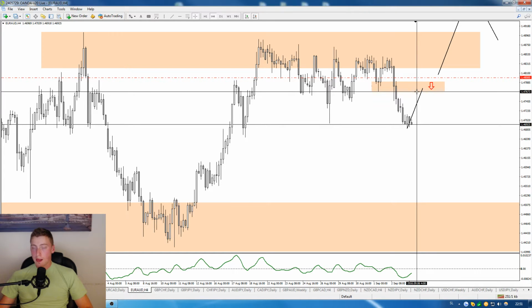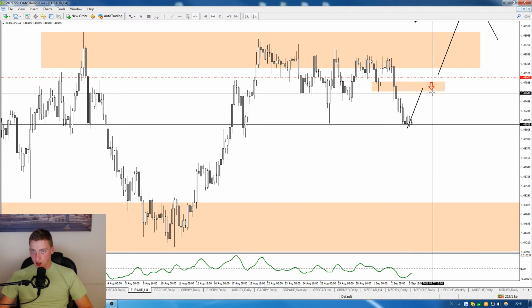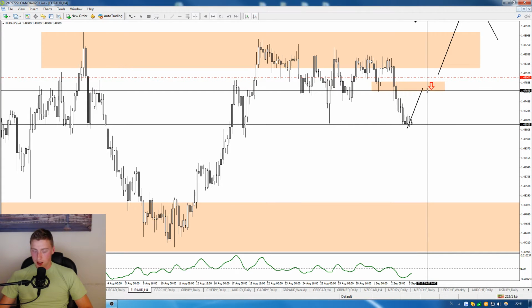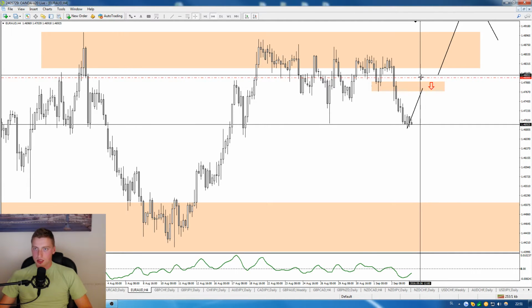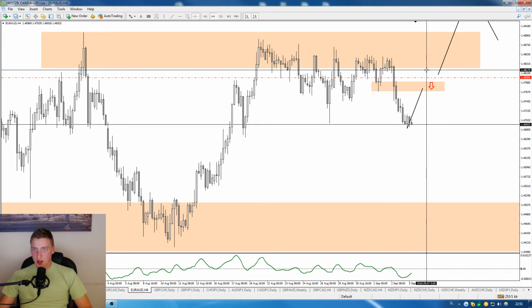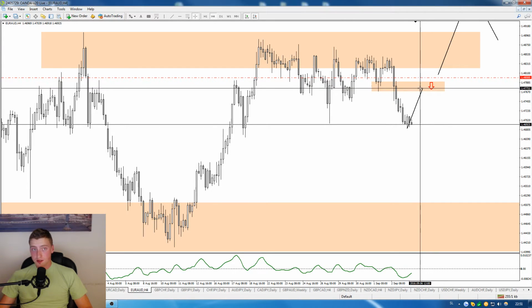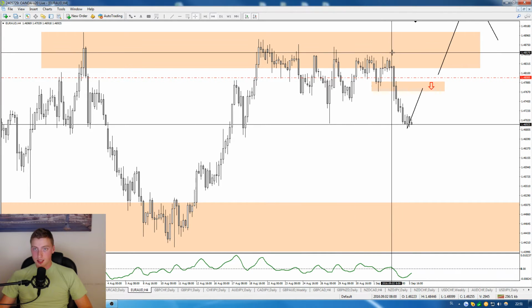Of course, for aggressive traders, put a stop loss above this candle. Let's say you'll get a daily pin bar or some sort of a bearish candle, and put the stop loss above the wicks for an aggressive stop loss. But for a conservative stop loss, put it above this high, or this high, or this high.